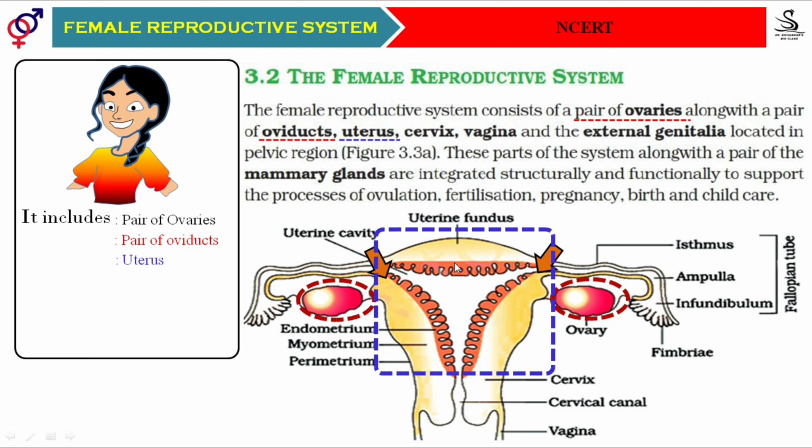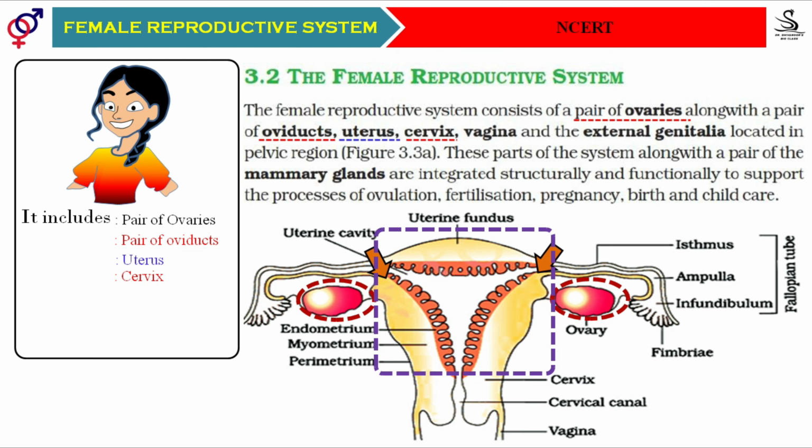The uterus is one of the very important parts of the female reproductive system. Why? Because in this region implantation takes place, and during the entire period of pregnancy, the fetus is found attached to the wall of the uterus, which provides all the required nutrition to the fetus.